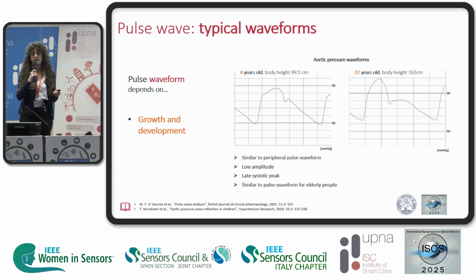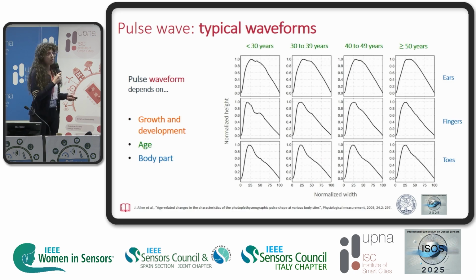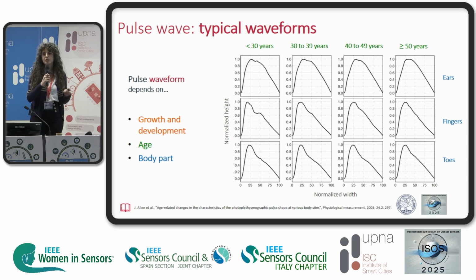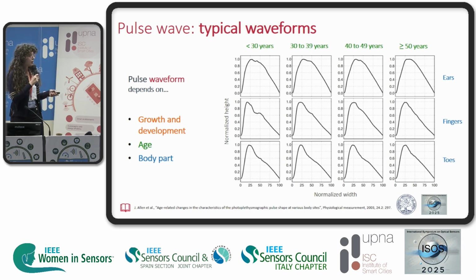And as the body grows, the systolic peak shifts to early systole, and we can see the diastolic peak better. Other parameters, we saw the age, but also the body part, because if we change the body part where we do the measurement, the pulse waveform also changes.